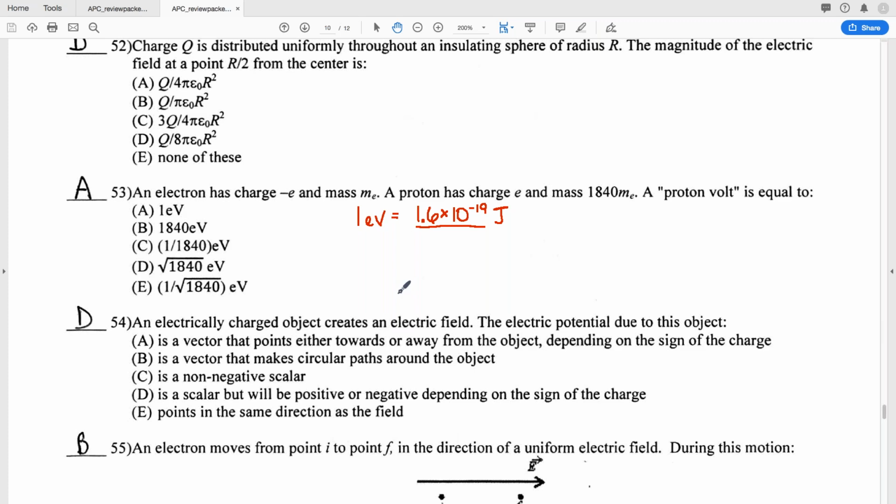As I said earlier, I want to look up the formal definition of an electron volt, but an electron volt is how much energy is required to move an electron through 1 volt.